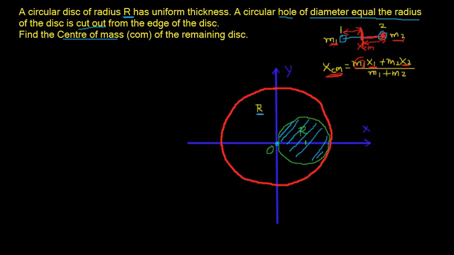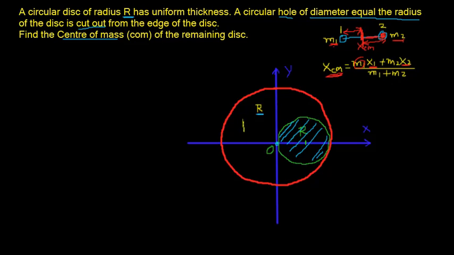Now let's see how we fit in this two body problem here in this situation. Now in this situation, what we can imagine is that this complete disk can be assumed to be a system comprising two bodies.